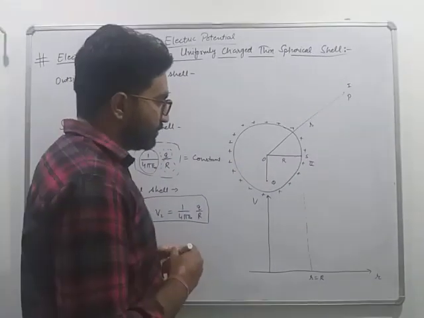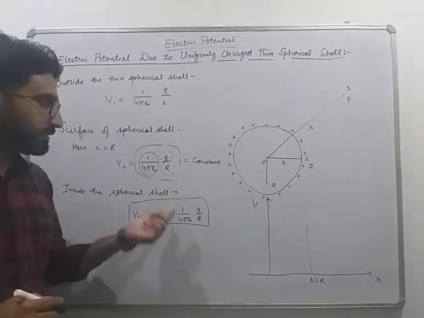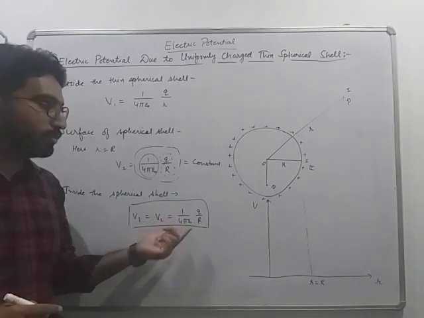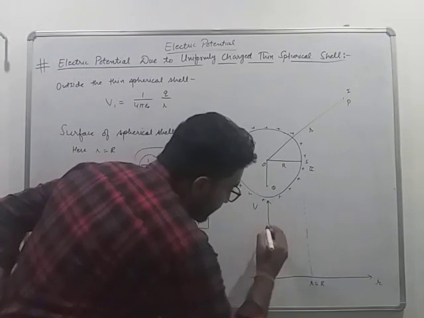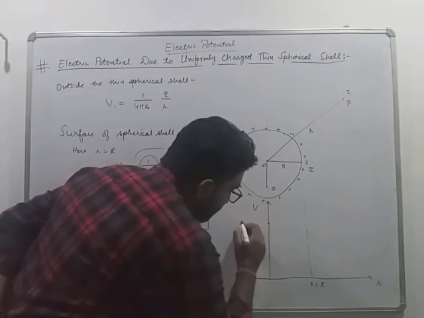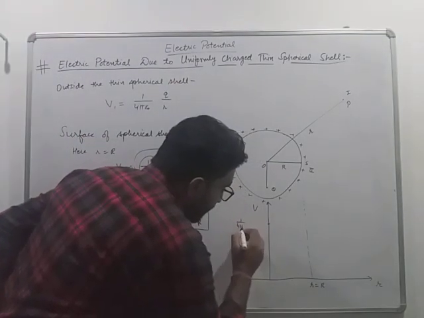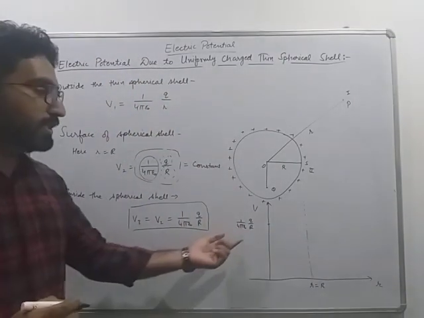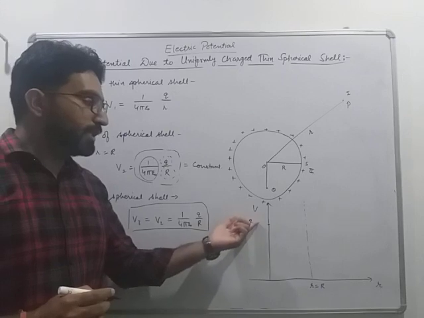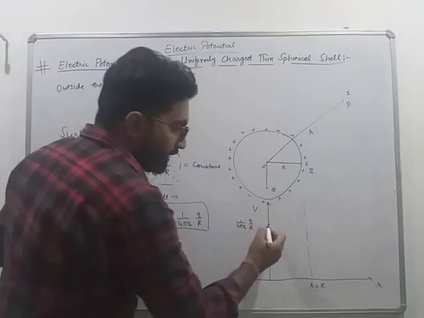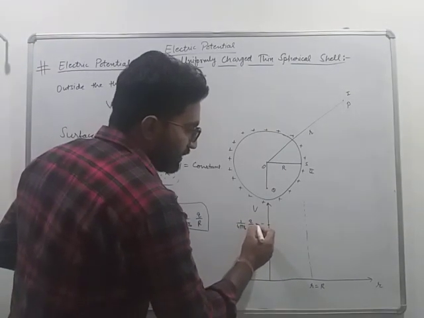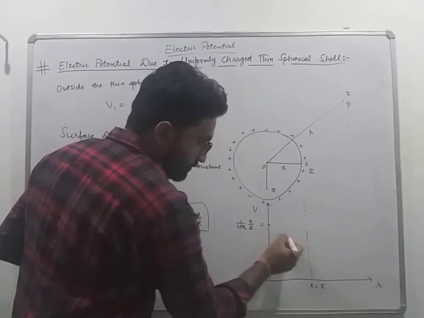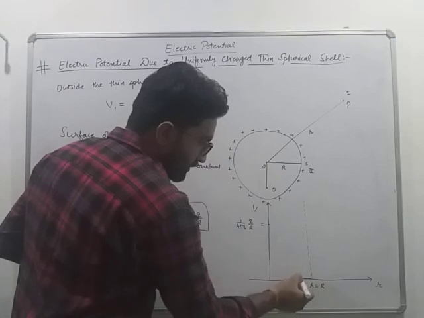We observe that the potential at the surface and the potential inside the thin spherical shell is constant. So I am writing here a quantity which is equal to 1 by 4 pi epsilon naught q divided by R, meaning the electric potential is constant. It represents the electric potential at the surface.